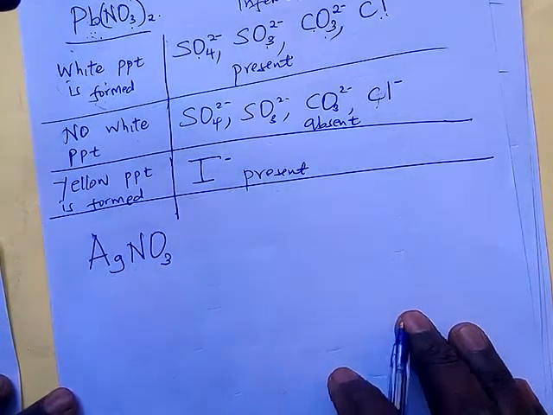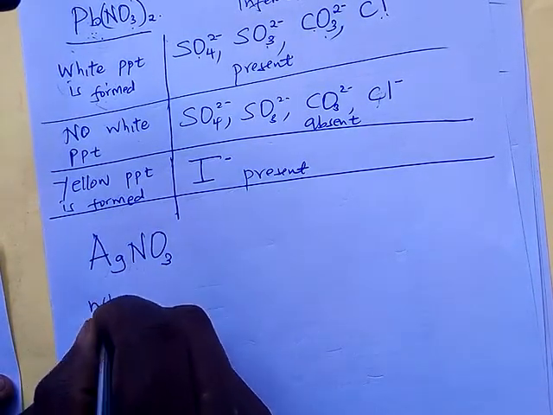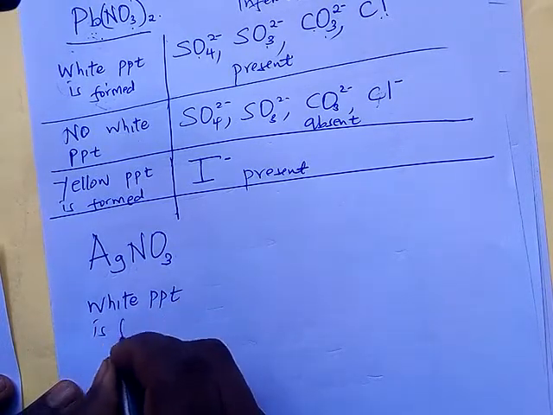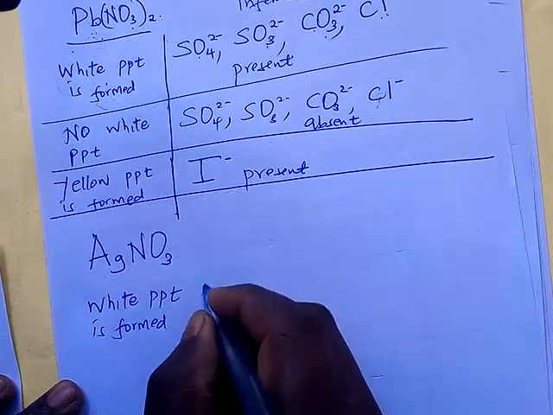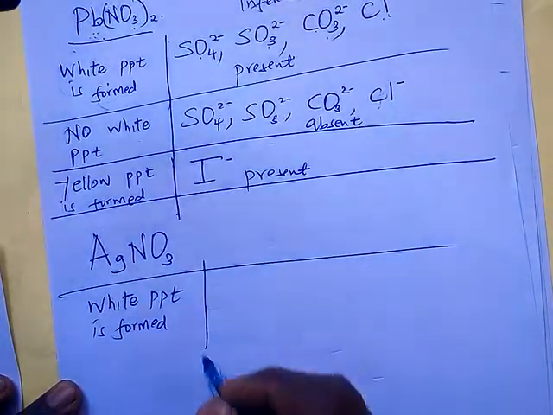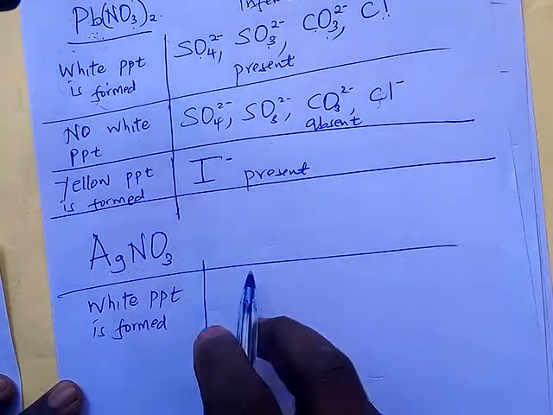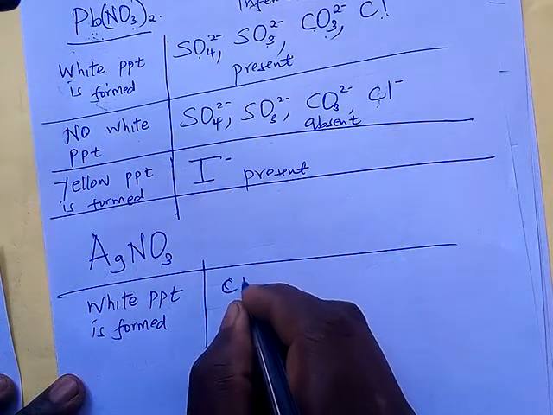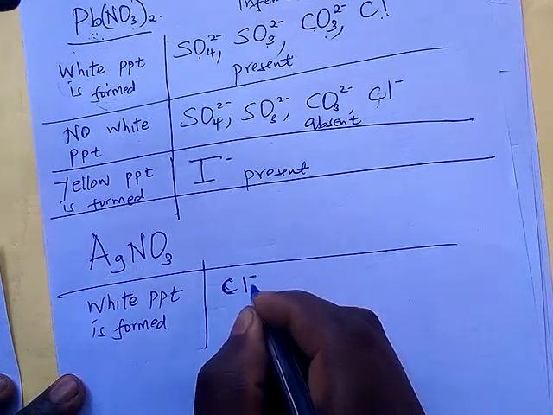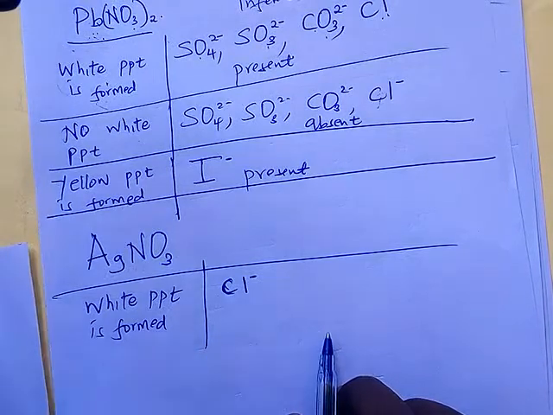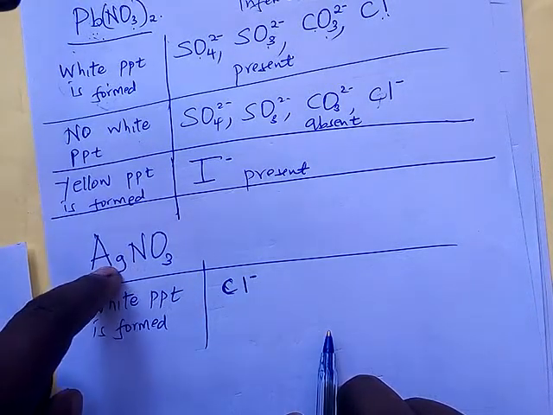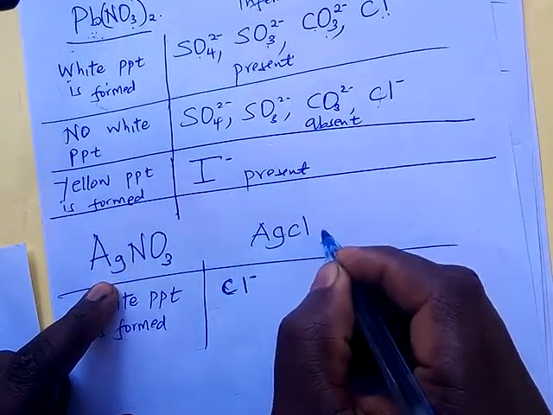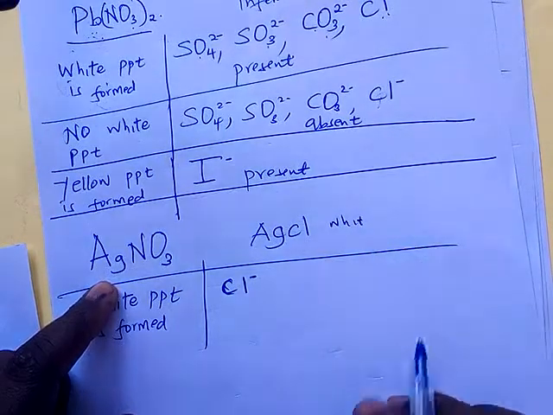So if you add silver nitrate and then a white precipitate is formed, that simply means that inside there was a chloride ion, which will combine with silver to form silver chloride, which is a white precipitate.